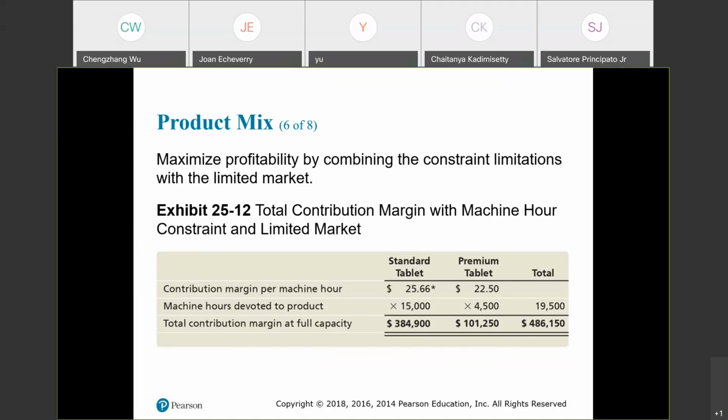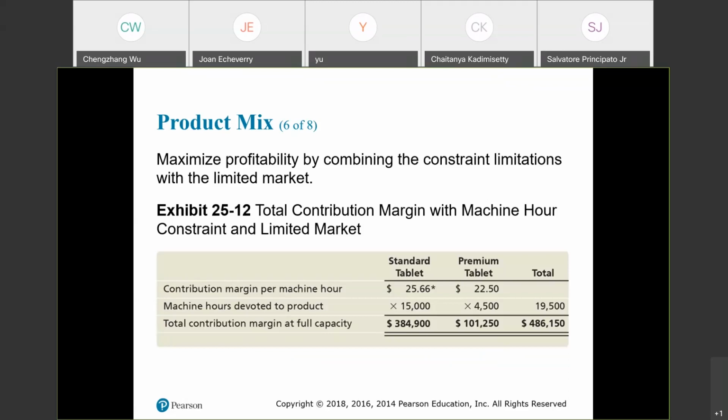And the second assumption is that the company can sell as many standard tablets as it produces.